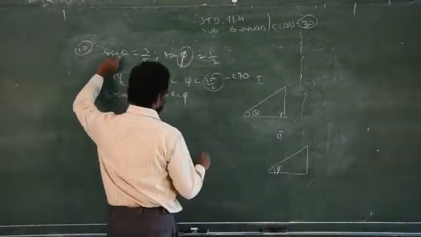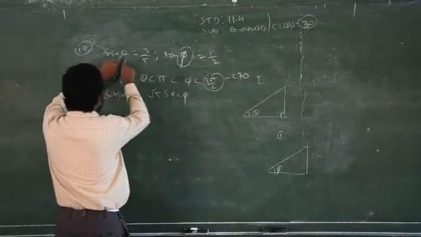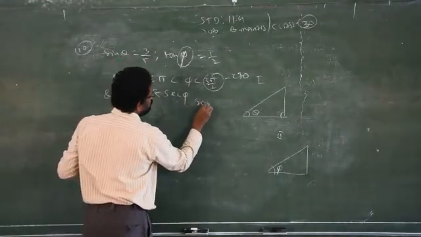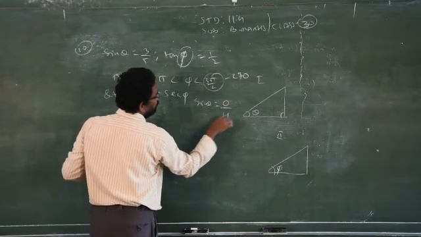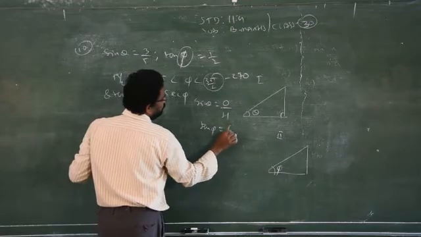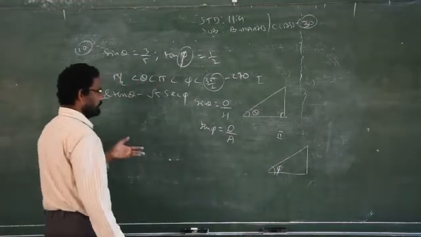So sin theta is what? What is the formula for sin theta? Opposite by hypotenuse, whereas tan phi is equal to opposite by adjacent. This is the formula that you studied already in the lower classes.